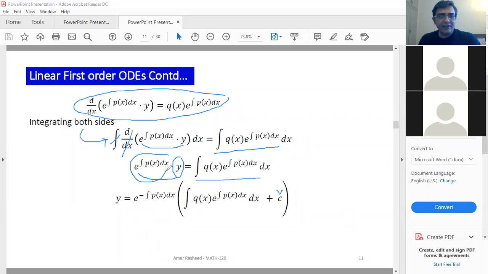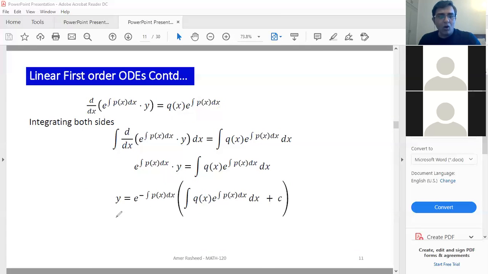We don't need this. What we do here, we divide this on the other side, and we can take it in the numerator, and we'll have a negative sign here, because when we divide this on the other side, we definitely have to put a negative sign here. So this is how a linear first order differential equation can be solved.